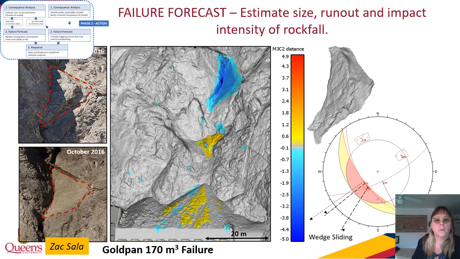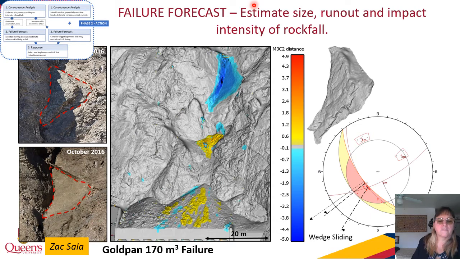As noted before, once we identify the potential for a failure, we would like to estimate the size, the potential runout, and the impact intensity of the rockfall event. In this image, we see an identified block because of the precursors prior to failure, and then the state of the rock slope post-failure.